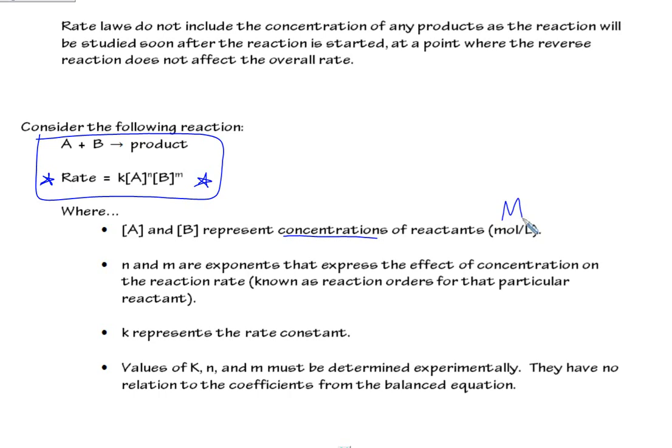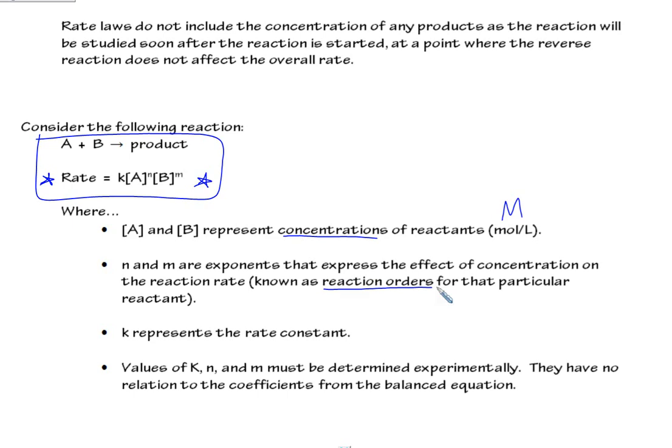Other things that you'll note in this expression, there are these little exponents by A and B. They're called reaction orders. We're going to look at determining these in a minute. These reaction orders will show us how changing the concentration of that particular reactant affects the reaction rate.